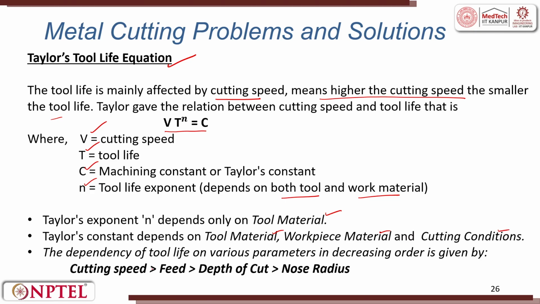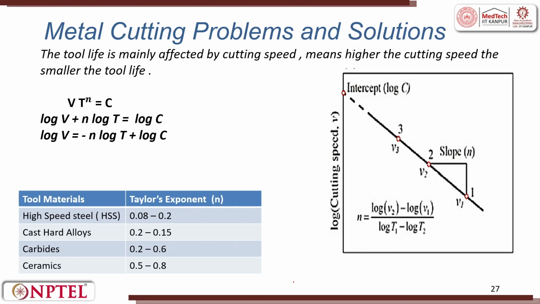The dependency of tool life on various parameters in decreasing order is given as cutting speed is having higher effect, then comes feed, then comes depth of cut, then comes nose radius. So here tool life is mainly affected by cutting speed, means higher cutting speed, smaller the tool life as it is given here. If we take log on both the sides, log of V plus n into log of T gives us log of C. This is generally calculated. This becomes a simple equation of a linear line.